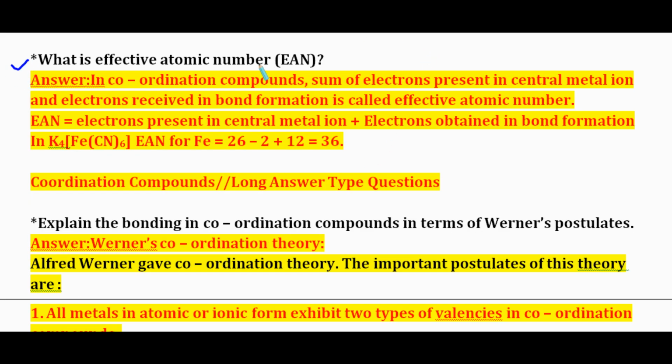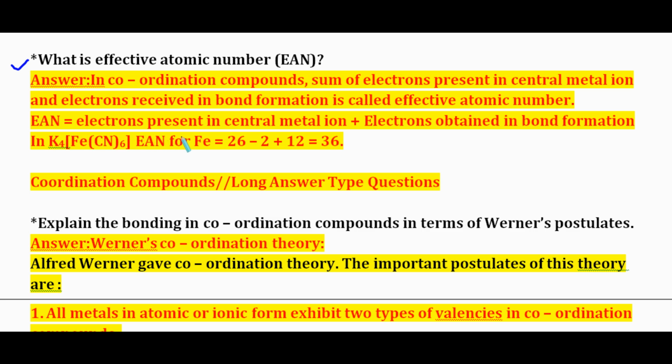Next question is, what is effective atomic number? In coordination compounds, the sum of electrons present in the central metal ion and electrons received in covalent bond formation is called effective atomic number.